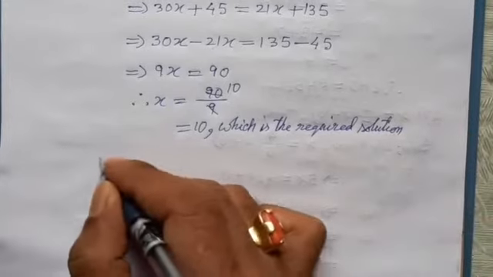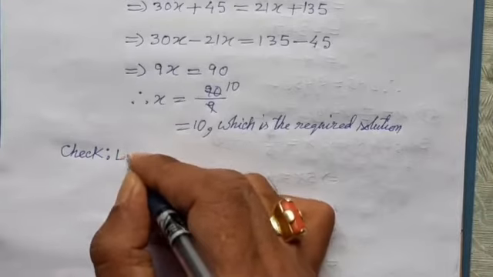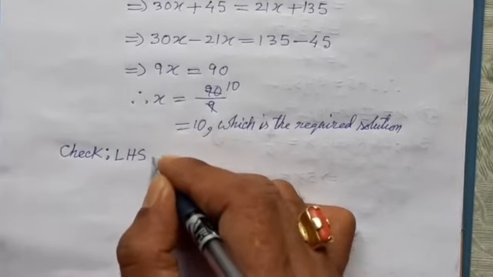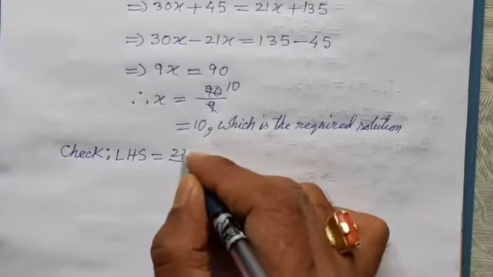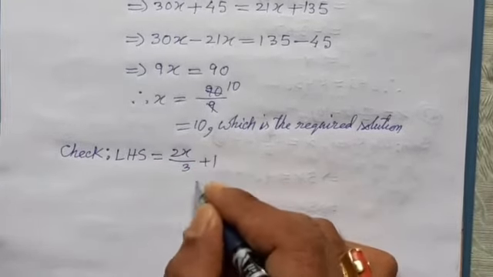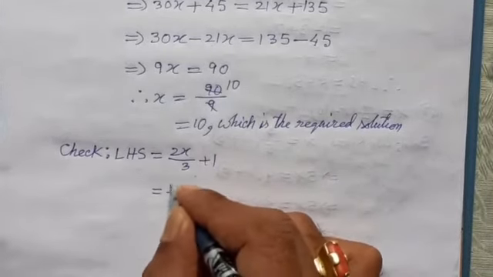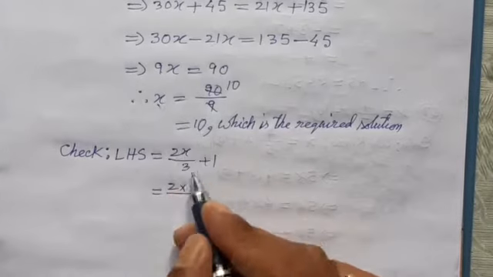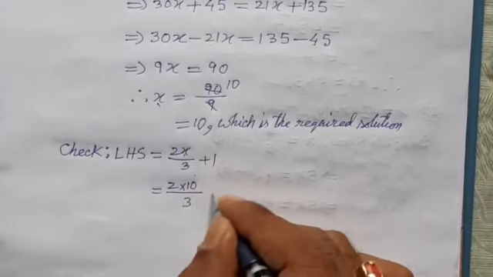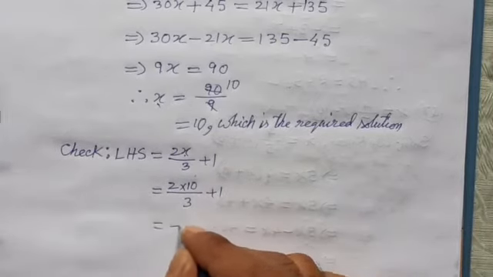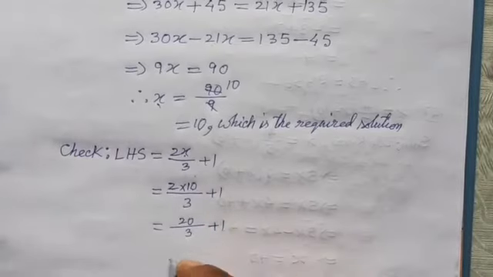Now check. We have to take the left hand side first. Left hand side is 2x by 3 plus 1. This is from the question. Taking the left hand side, 2 into the x value, which is 10, so instead of x we keep 10, by 3 plus 1. 2 into 10 is 20 by 3 plus 1.